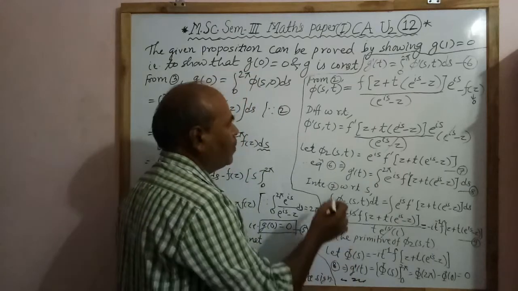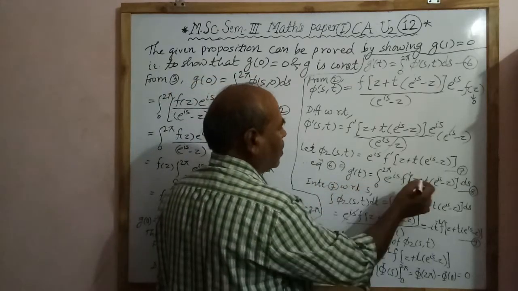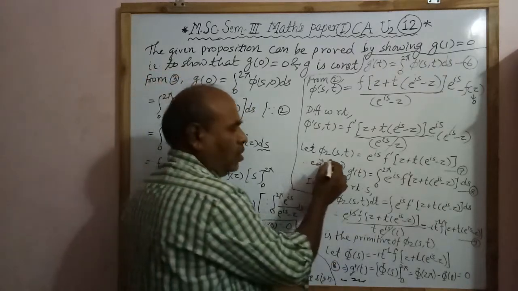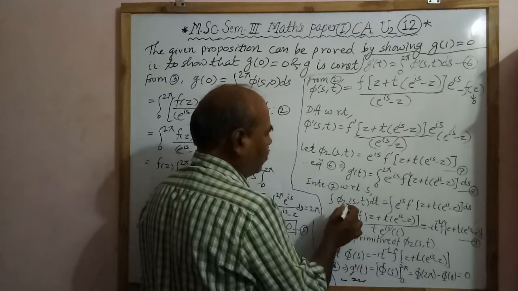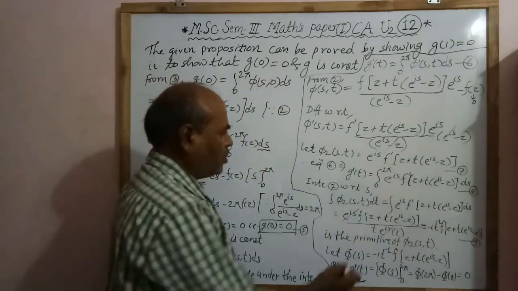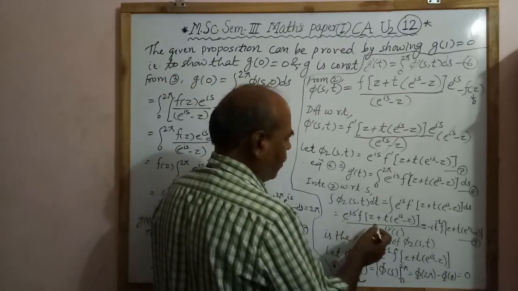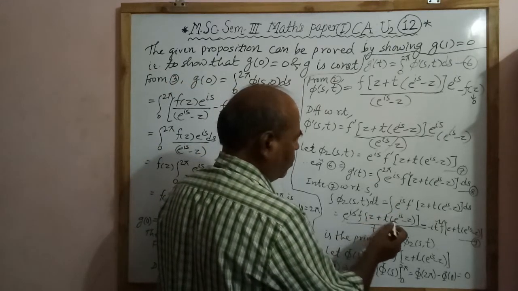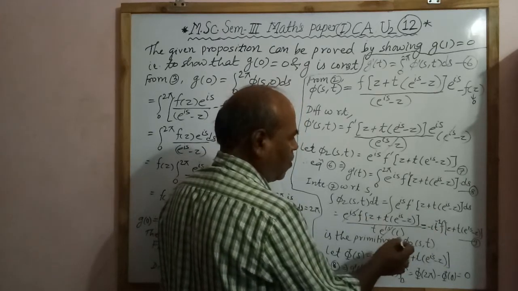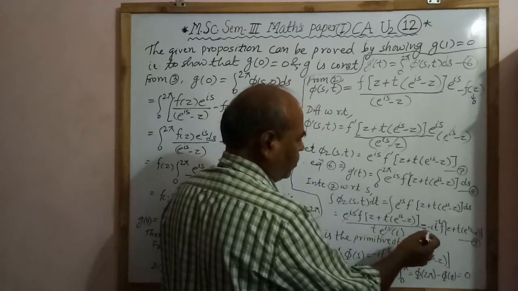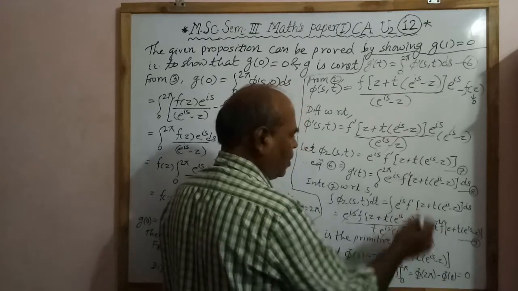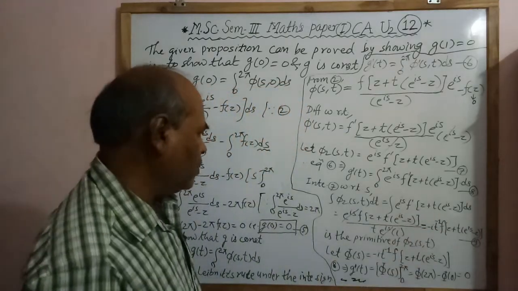Equation number 7. From equation 6, g dash of t is given by this. Taking the integration of equation 7, the integration of phi 2 of st dt equals the integration of the right hand side ds. Now the integration of this is given by e to the power is into f of this function divided by this. Here e to the power is cancels and 1 upon i, we get minus i and take t in the numerator, t to the power minus 1 into f of that function.